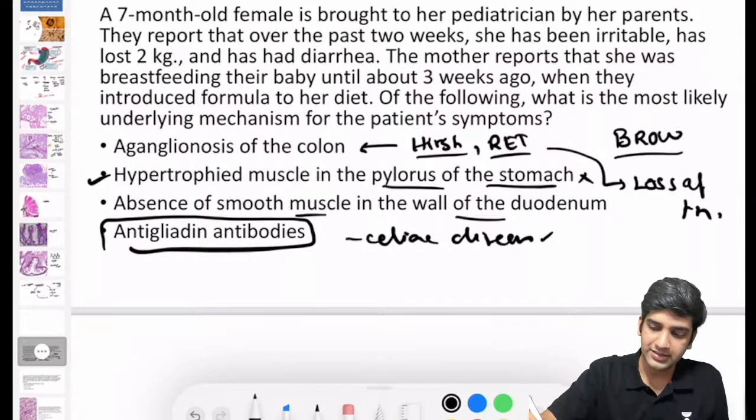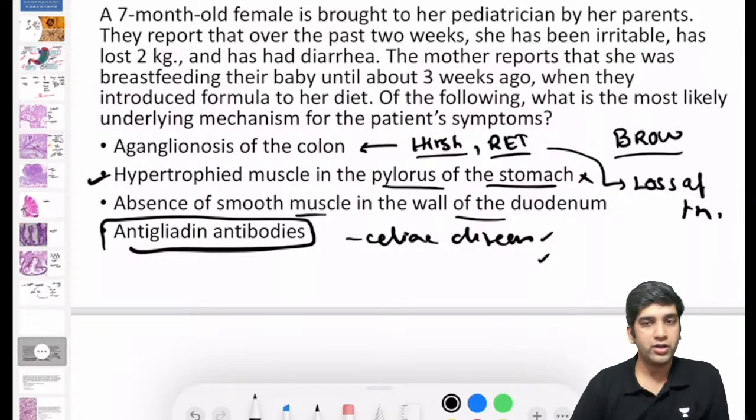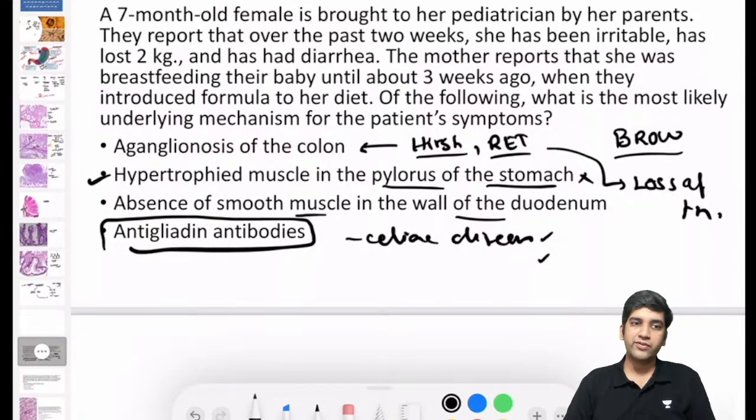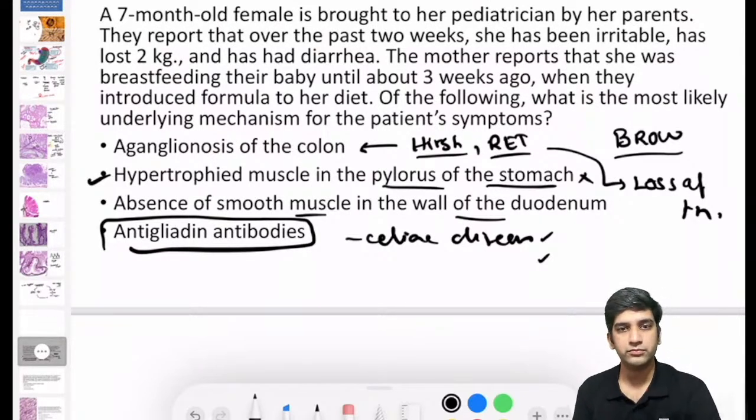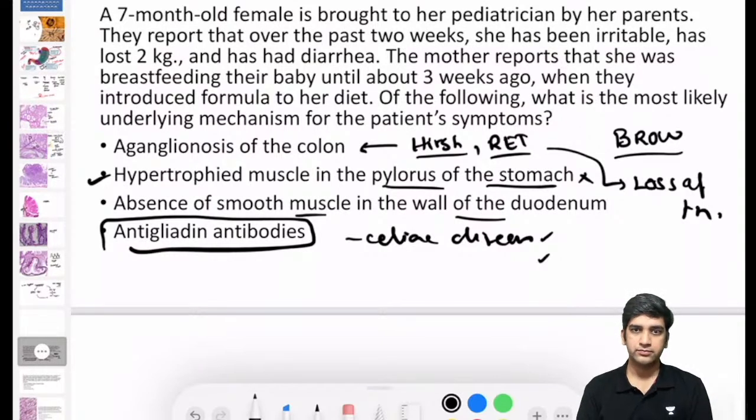So that's one. Second, is biopsy or a colonoscopy required for the diagnosis of celiac disease? Yes or no? Do we need that for diagnosis? Is biopsy mandatory for diagnosis?